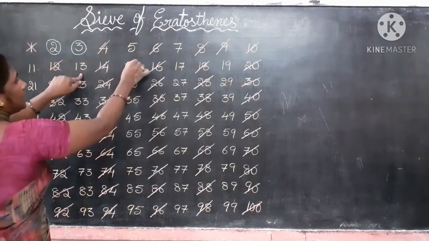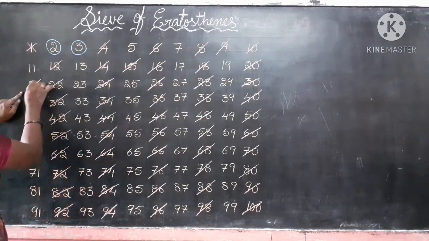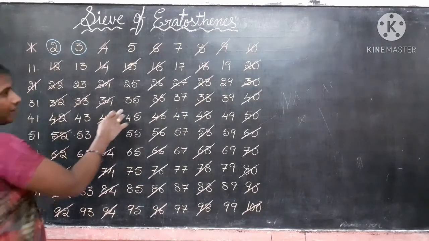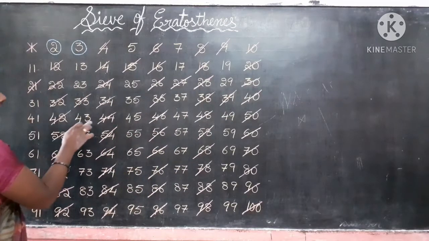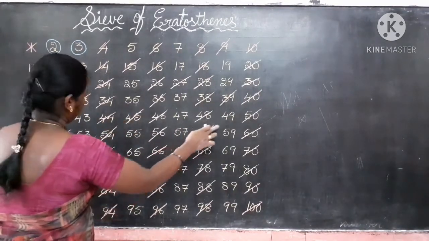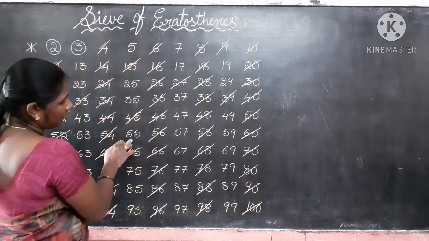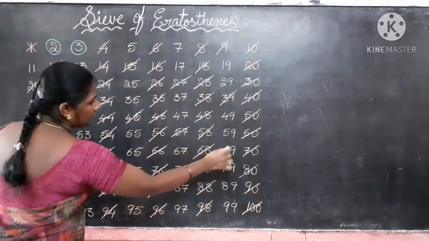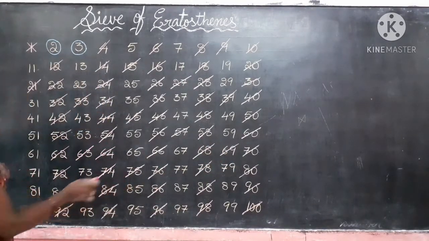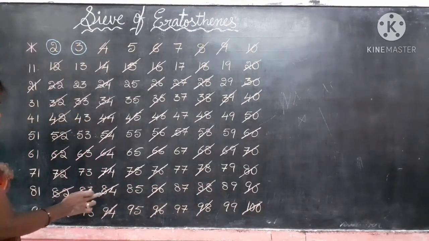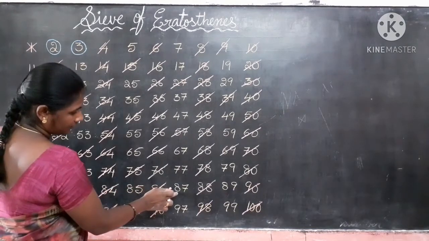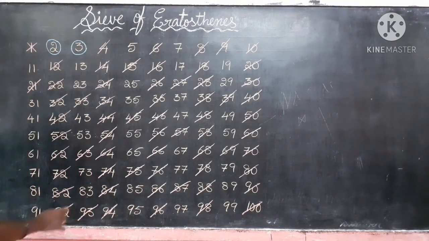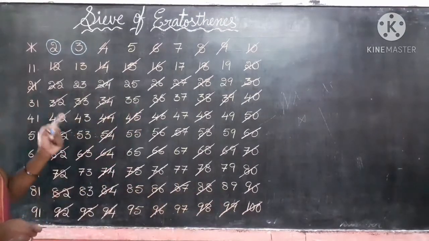Next, 3 5s are 15. 3 7s are 21. 3 9s are 27. 3 11s are 33. 3 13s are 39. 3 15s are 45. 3 19s are 57. 3 21s are 63. 3 23s are 69. 3 25s are 75. 3 29s are 87. 3 31s are 93. 3 33s are 99. These are the multiples of 3.